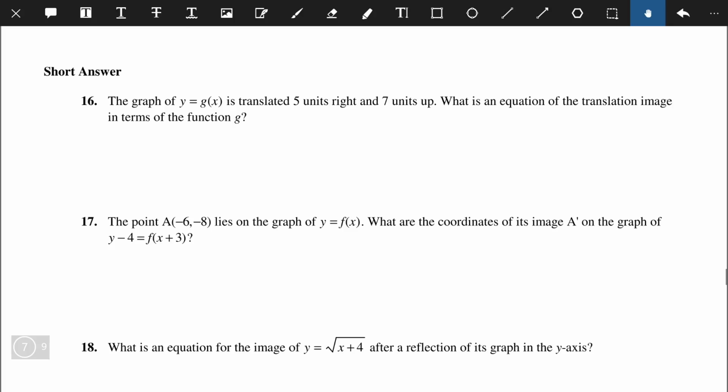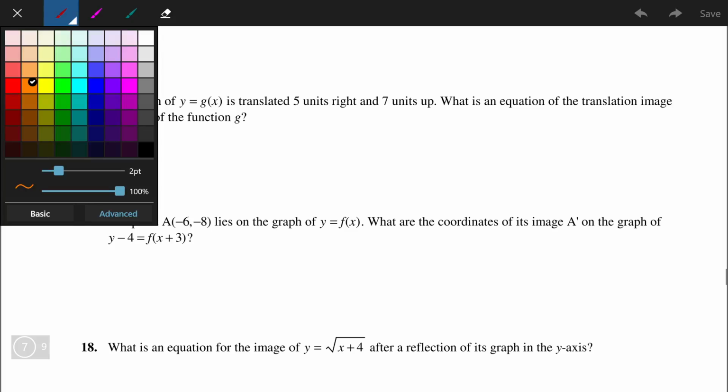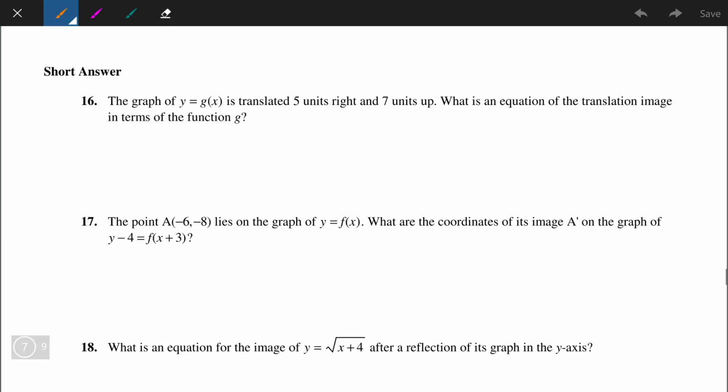So question number 16, the graph of y equals g of x is translated 5 units right and 7 units up. So that means that we have the c value of 5 and the d value of 7.